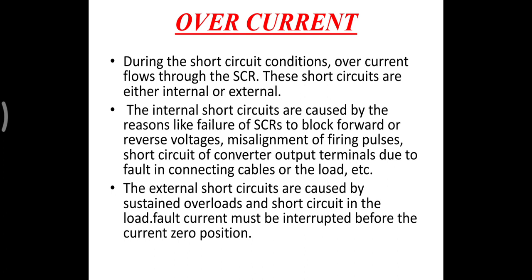The internal short circuits are caused because of failure of the SCR to block the forward or reverse voltages, and the second one is misfiring of pulses. These are the two reasons for internal short circuit or internal overcurrent. And second, external short circuit is caused by the load side, overvoltages or a short-circuited load.